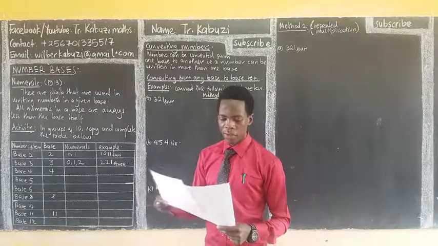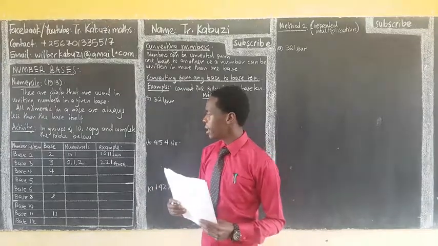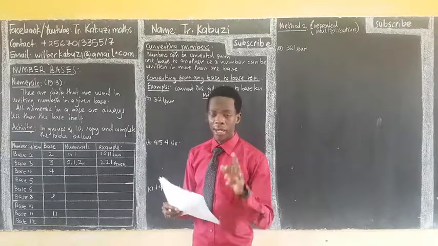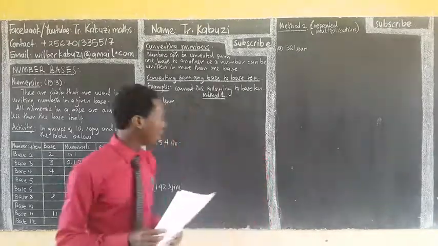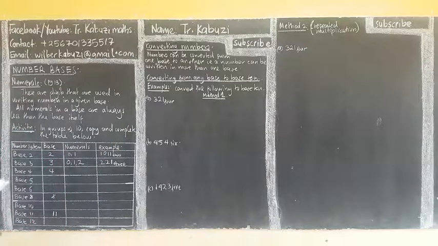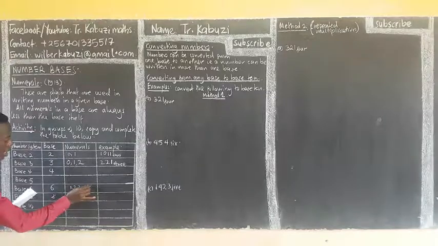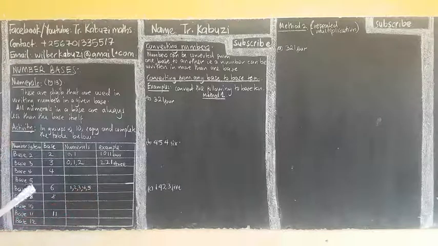Then I sampled group 7. Group 7, they came and they handled base. I'm going to take now the sample for base 5. So for base 5, this is what they are having. So here they are having base 6. They are having 6 here. Then here they are having 1, 2, 3, 4, then they are having 5.